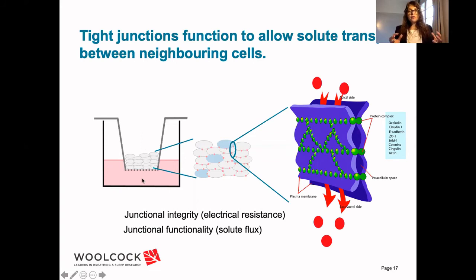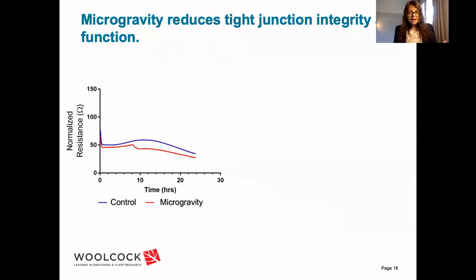But we can also then use specific chemicals to measure the rate of flux of these chemicals or solutes through that apical surface down to the basolateral. So this is exactly what we did.